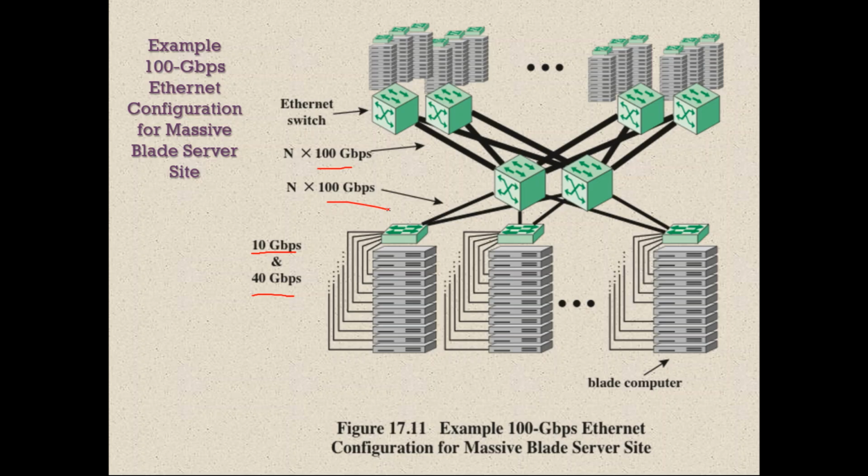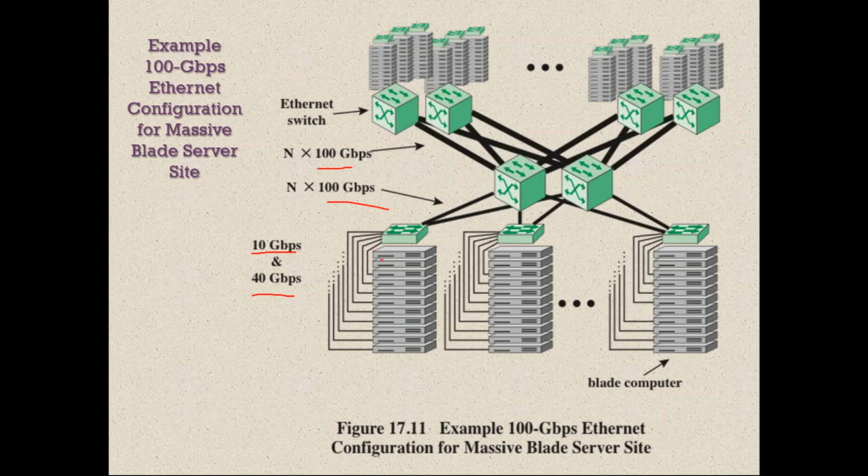So this is also a server architecture. It houses multiple server modules, called blades, in a single chassis. This is one chassis. In one chassis, it has many server modules. They are like standalone computers.